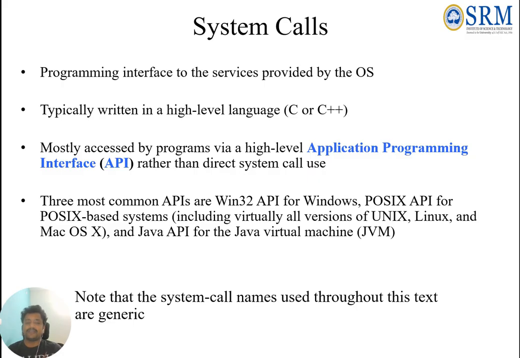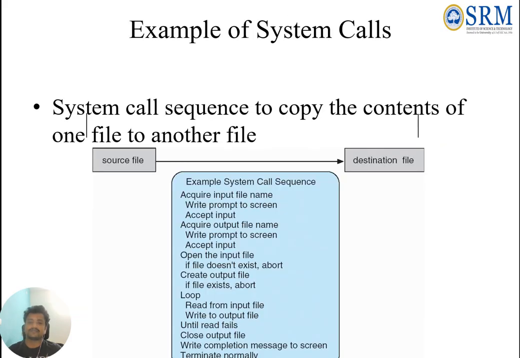There are n number of APIs, application programming interfaces, with Windows, Mac and every other. So we have system call names, which we can use as a generic one in order to initiate, with the high level language, a connection between the interface and the services offered by the OS.